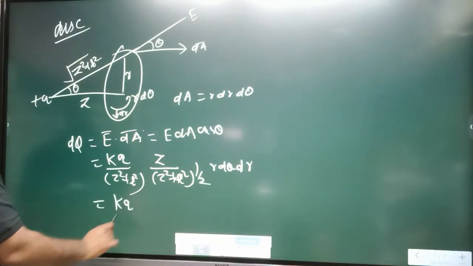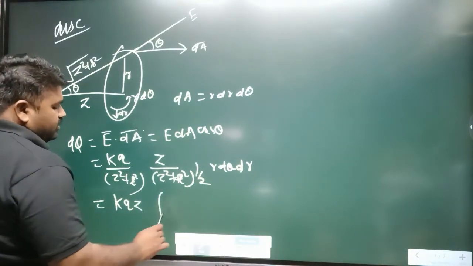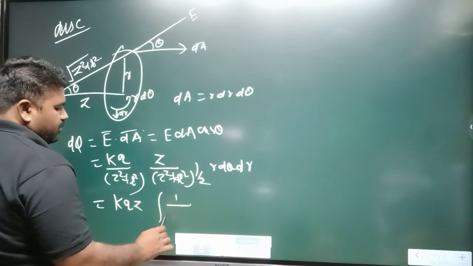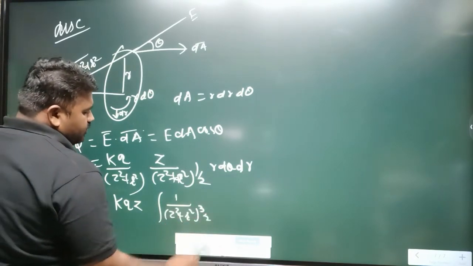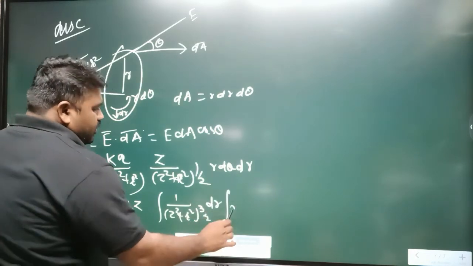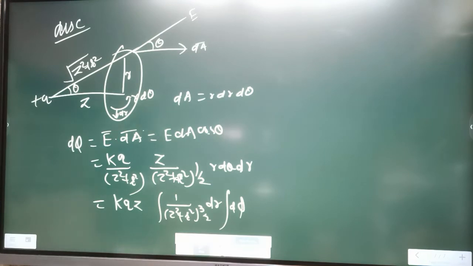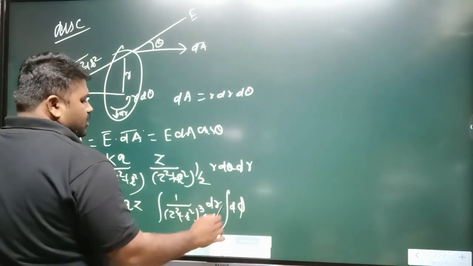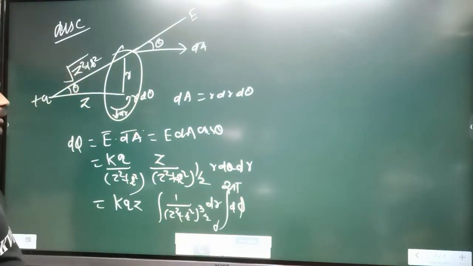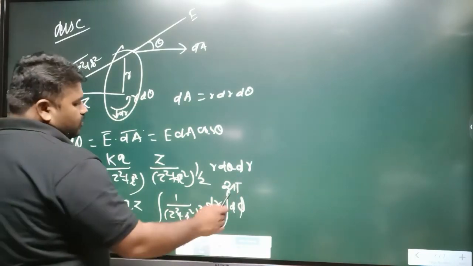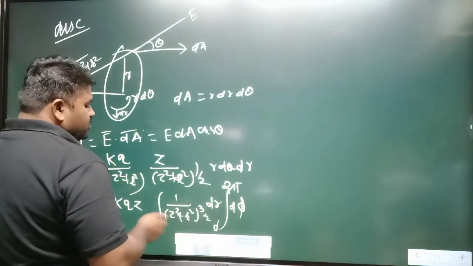K is constant, Q is constant, Z is constant. Take them common out. Integration of 1 upon (Z square plus small r square) bracket to the power 3 by 2, r dr, into d phi. The d theta limit is 0 to 2 pi. Here Z is constant, R is variable.